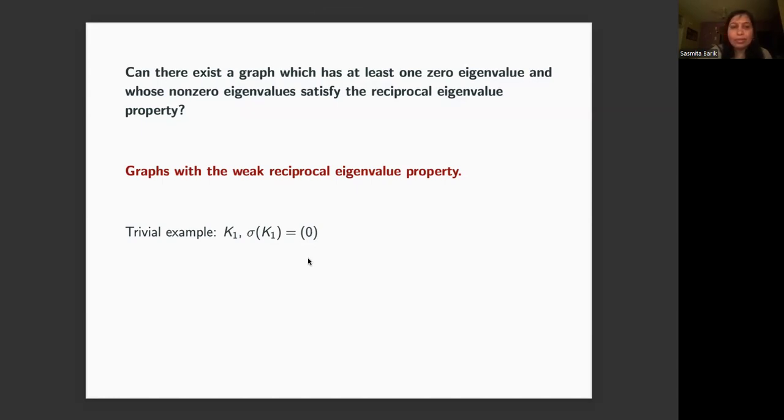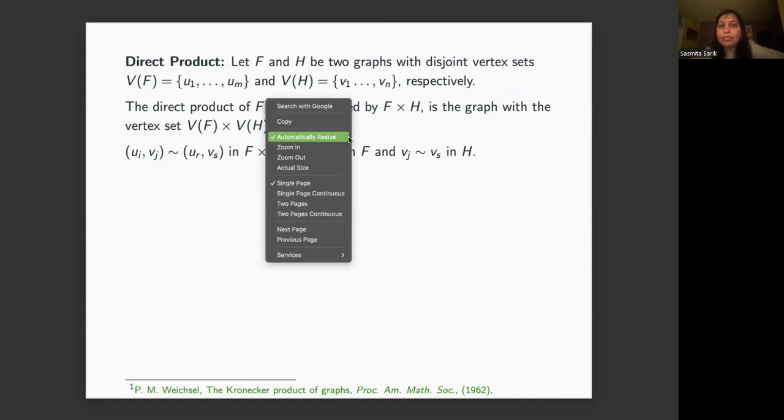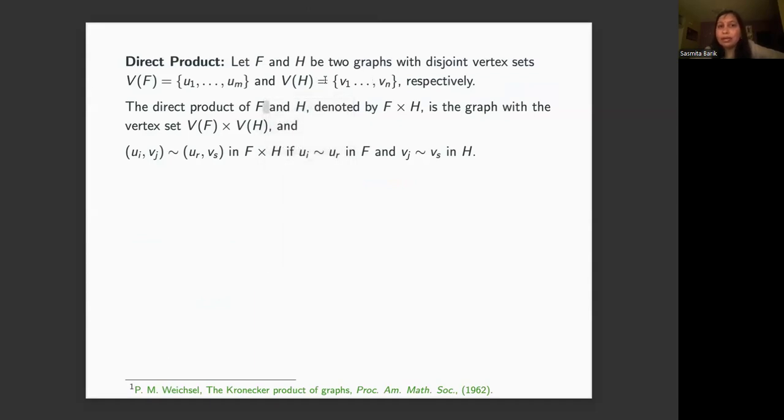But then we asked whether there is any other graph, non-trivial graphs, or at least non-trivial trees. The way we moved here, one graph product that is mostly useful is the direct product, or Kronecker product. If you take two graphs with disjoint vertex sets, let's say u1 to um and v1 to vn, then for the product graph the vertex set will be the Cartesian product of these two vertex sets, V(F) times V(H).